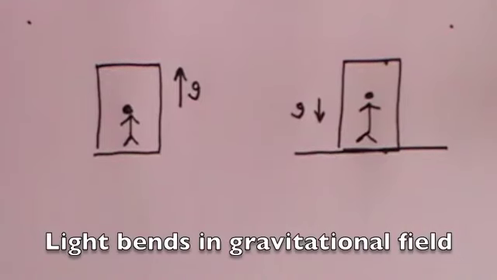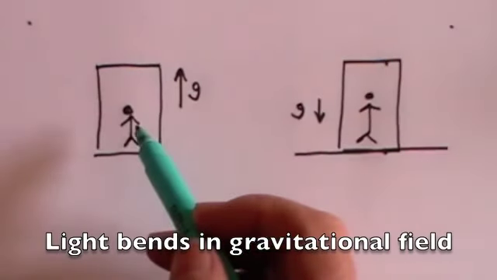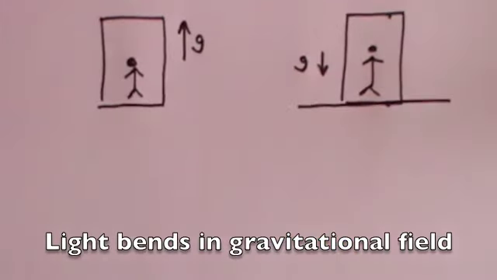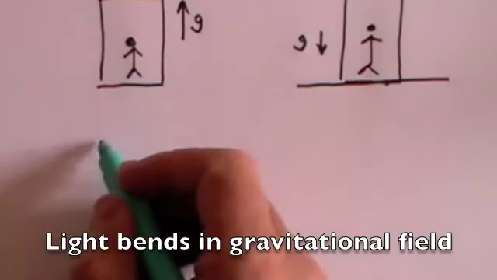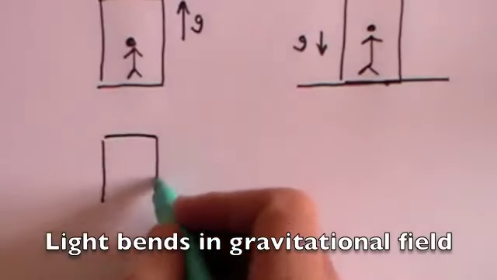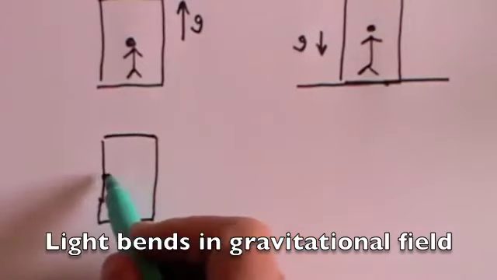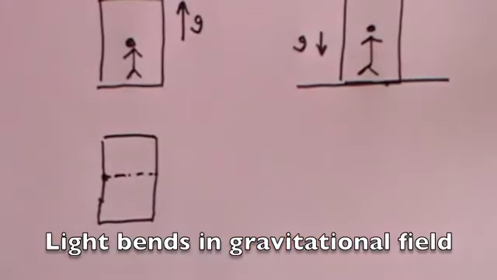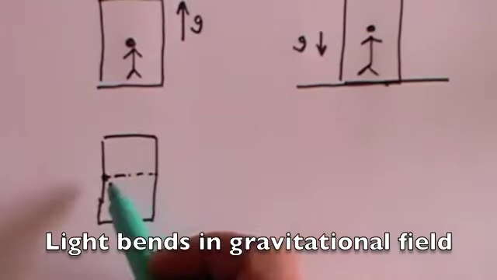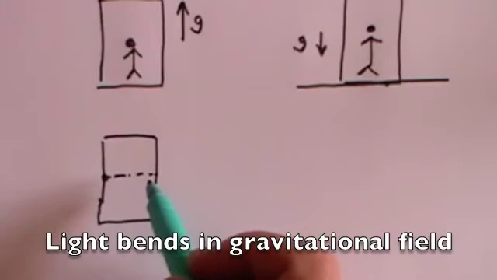This was Einstein's reasoning. If you take the person who is in the box that is accelerating through space with an acceleration g, and here is the box, and this time we're going to shine a light from this side of the box to the other side of the box. But of course that will take a finite time, albeit small.